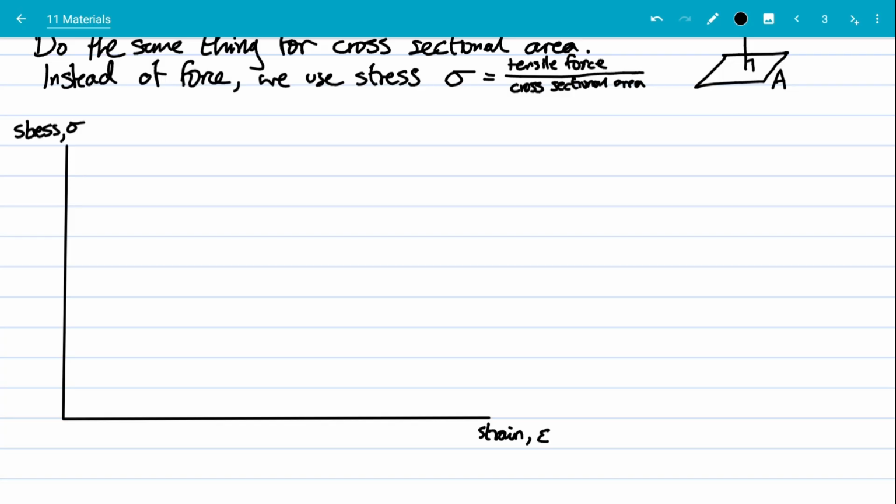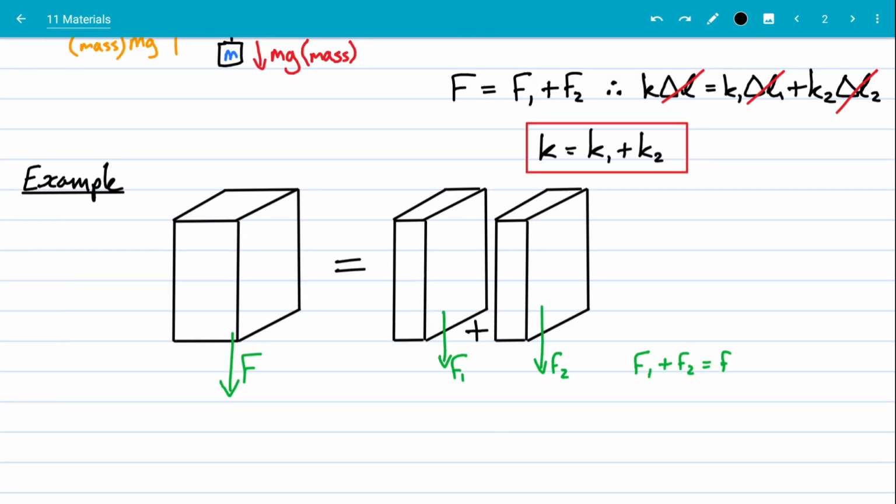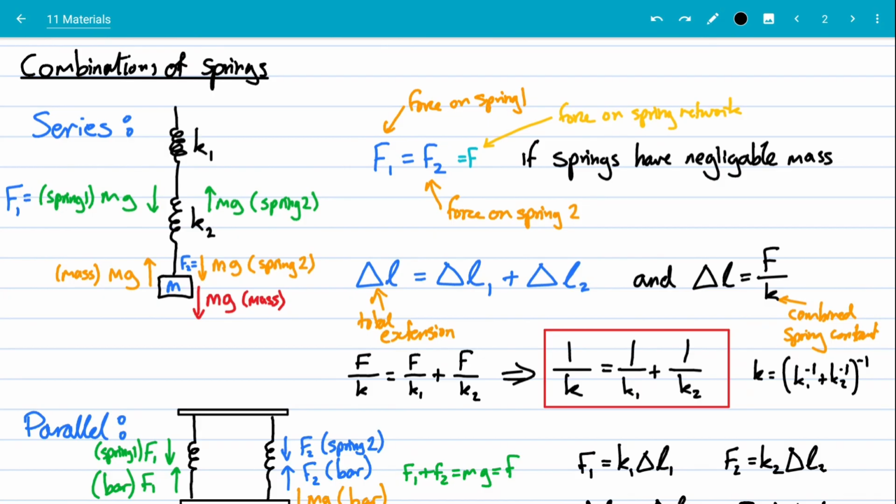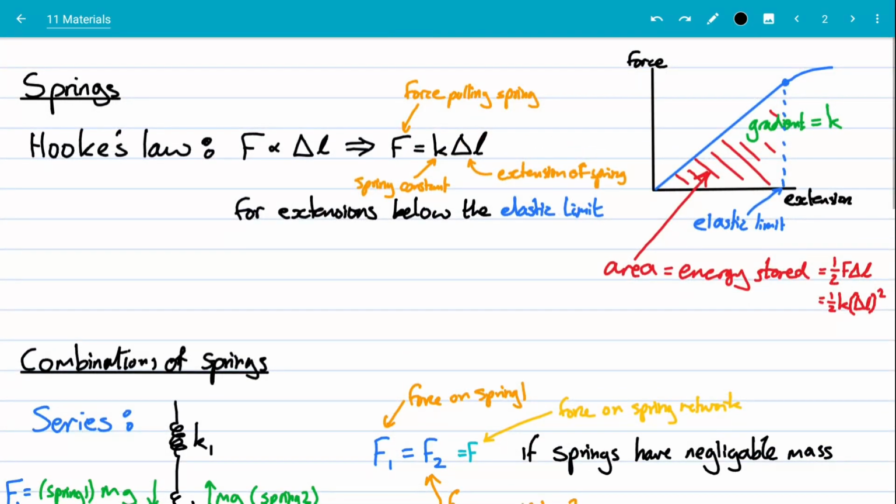Now, we can choose to have strain as our independent variable in the same way as we could choose, in this previous lesson, the extension and measure the force that produces that extension. I think I rubbed that diagram out, didn't I? Where we had a spring and a Newton meter attached. And we pulled the Newton meter to a certain extension and measured what the force was.